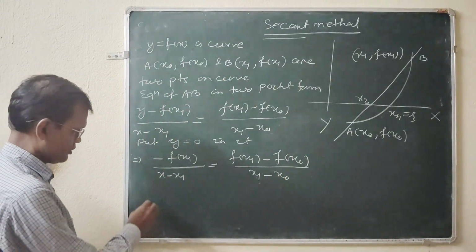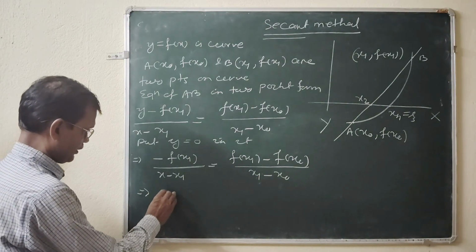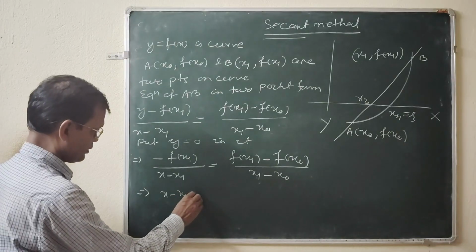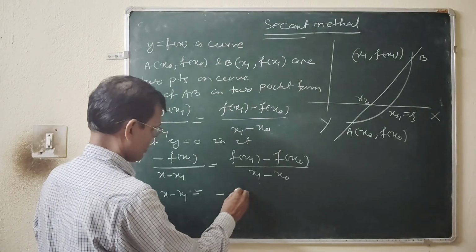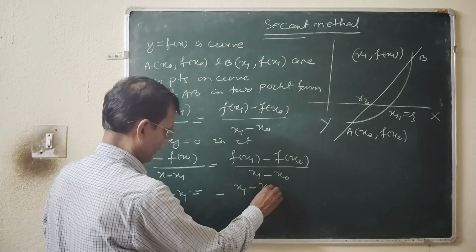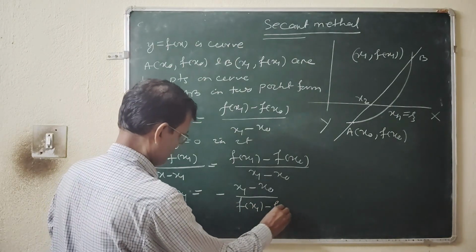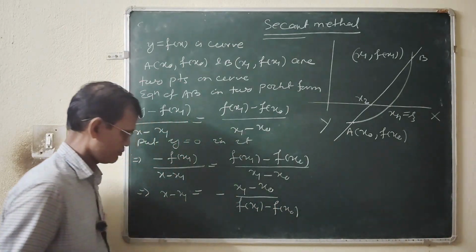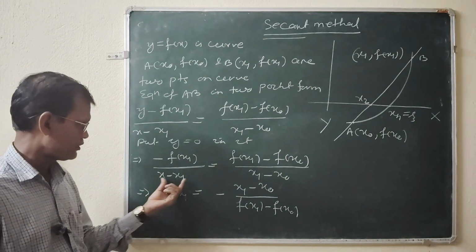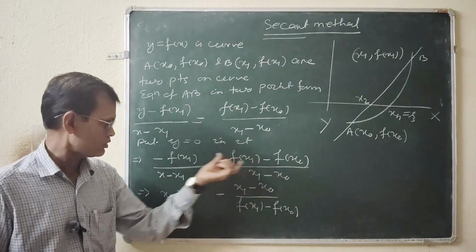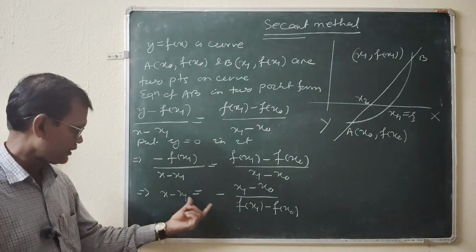If we simplify it, we keep x minus x1 on the left-hand side and this expression goes to the right-hand side. So after simplification, x minus x1 is equal to minus (x1 minus x0) by (f(x1) minus f(x0)) into f(x1).